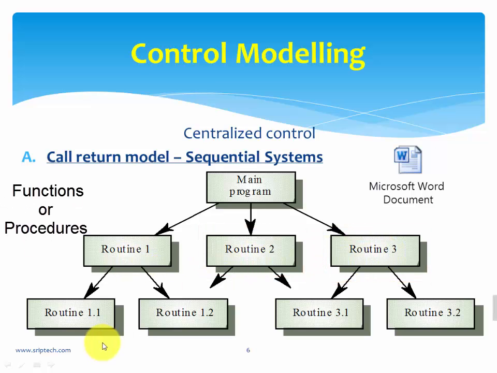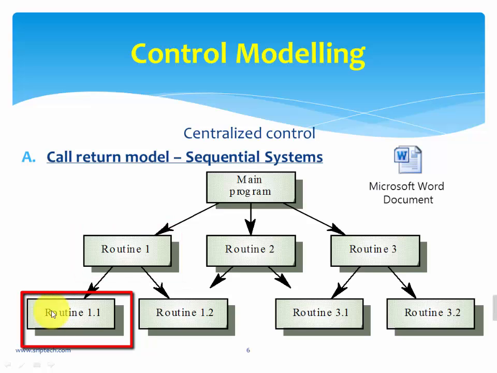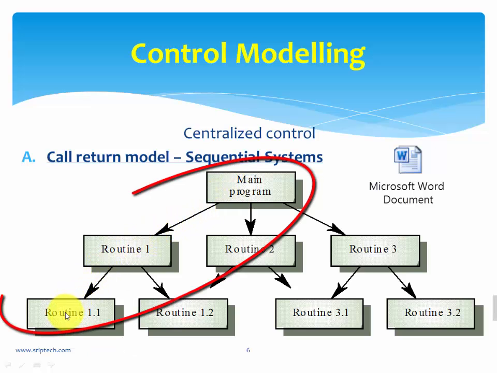Routines are nothing but subroutines, or you can call them a function, or even a procedure, or if you want to put it straight, a subsystem. Which means the main program calls subsystem 1, subsystem 1 calls subsystem 1.1, which means the flow of control is happening downwards in a hierarchical order. This is what we mean by the centralized control call return model.